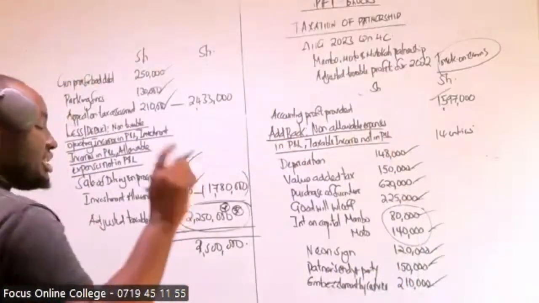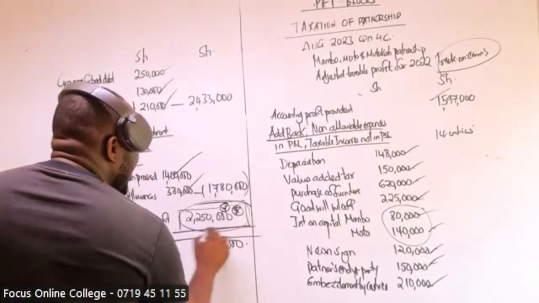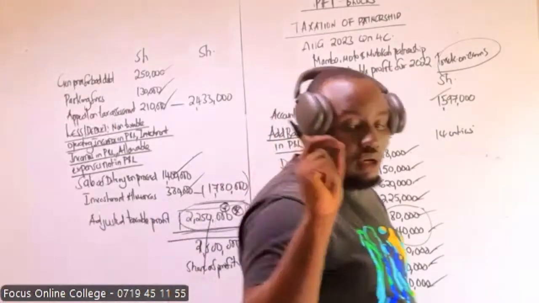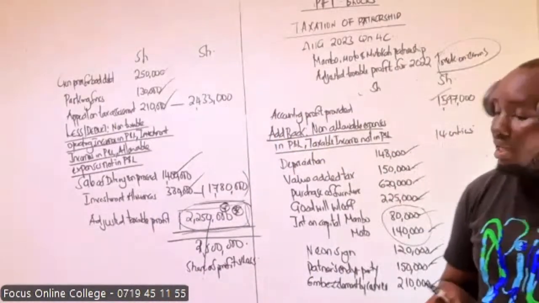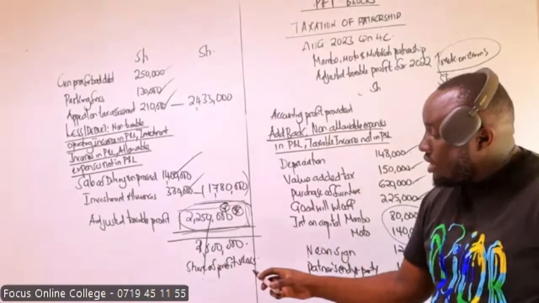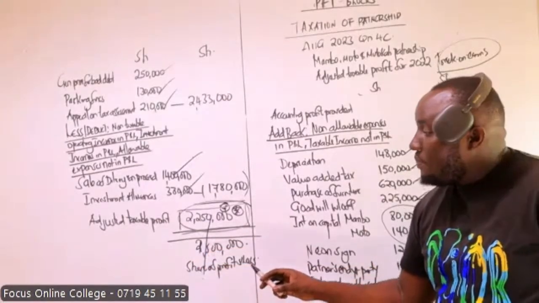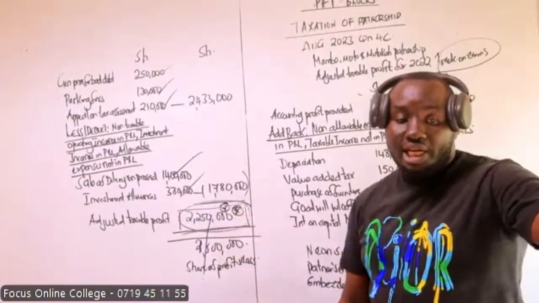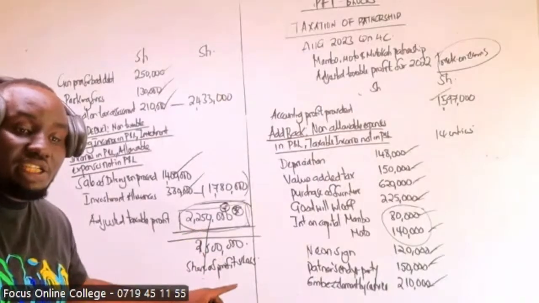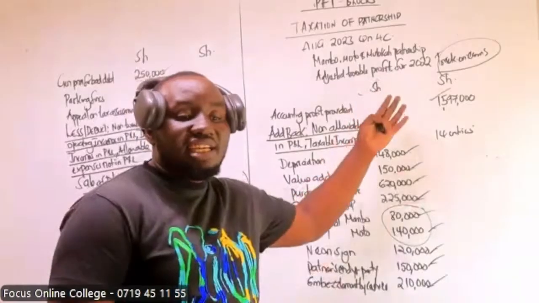However, because this is a partnership, if it was a company, even if I write my 1.5 and I'm told the taxable income, I'll simply say 30 times that and I have everything.